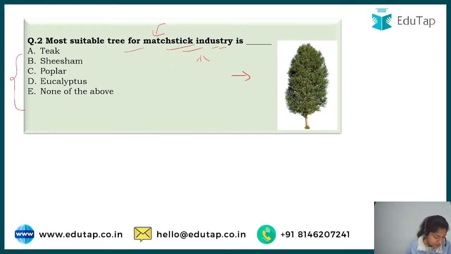The correct answer over here, as you are not giving me the answer, is option number C, that is poplar. Here Gaurav said the correct answer, which is poplar. Very good, Gaurav. This is the tree which is suitable for the matchstick. I'm sorry, my drawing is very bad, I know. These sticks are made from the wood of the poplar tree.